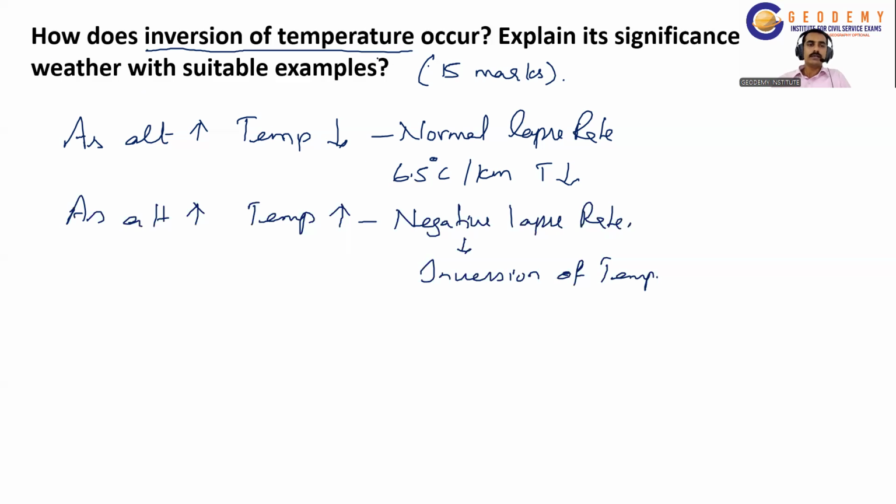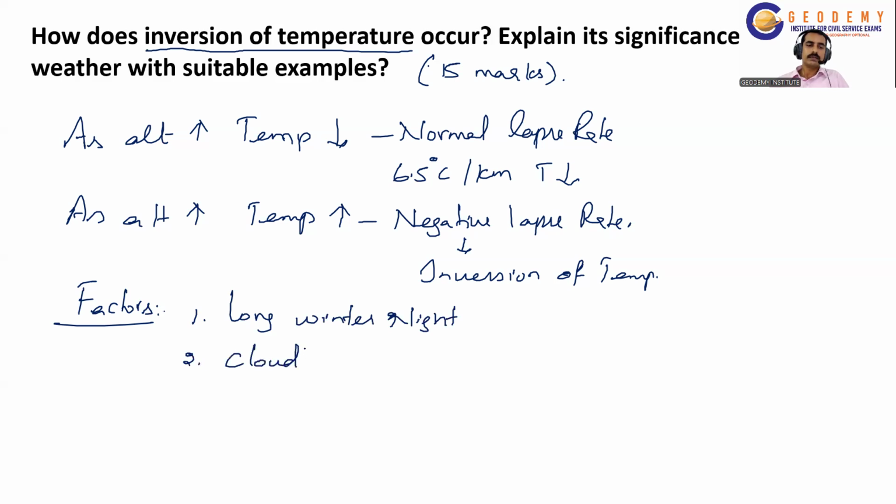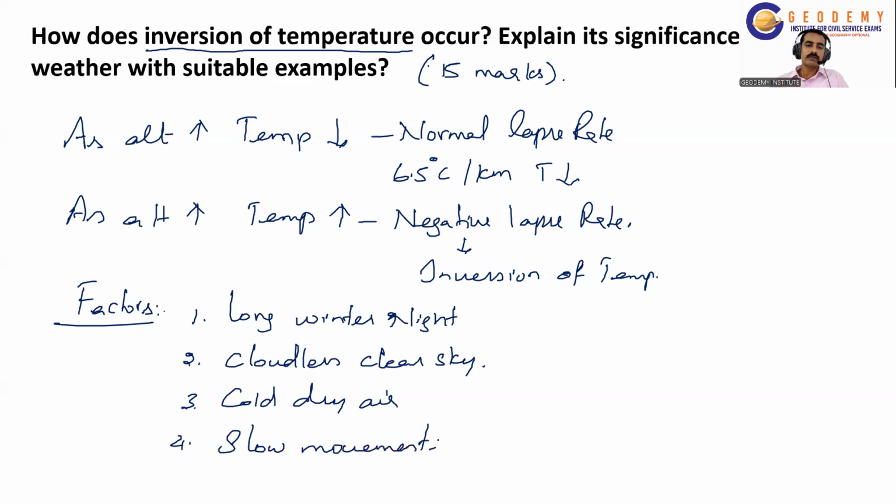Then, how does it occur? We have to write the factors that cause the inversion of temperature. The main factors are: one, long winter night; then cloudless clear sky; then existence of cold dry air; and then slow movements of the air mass, that is, no drainage of the air.